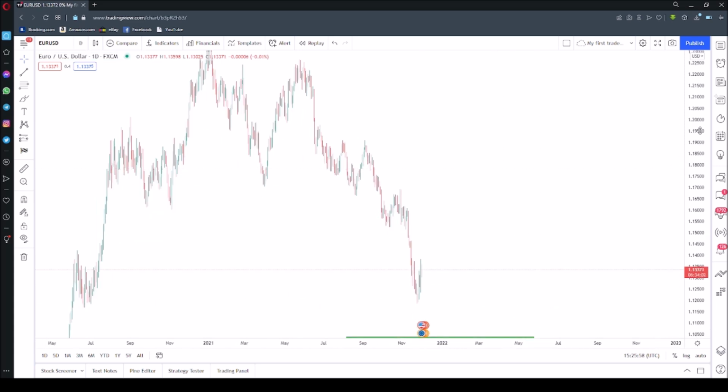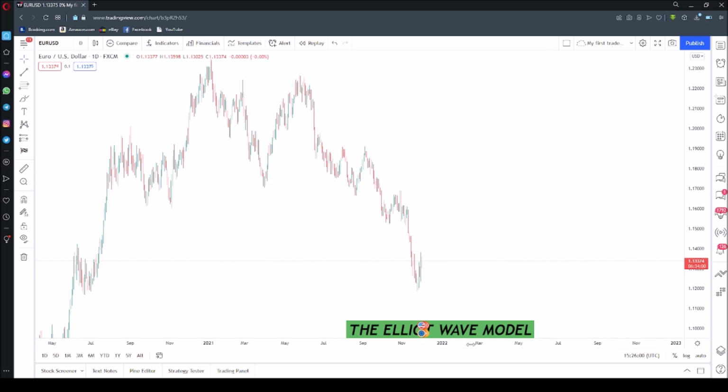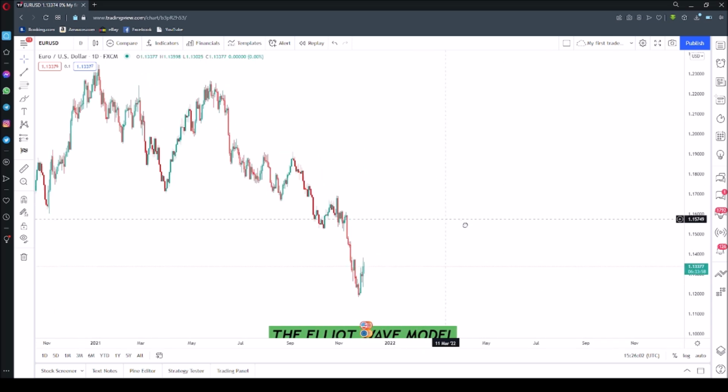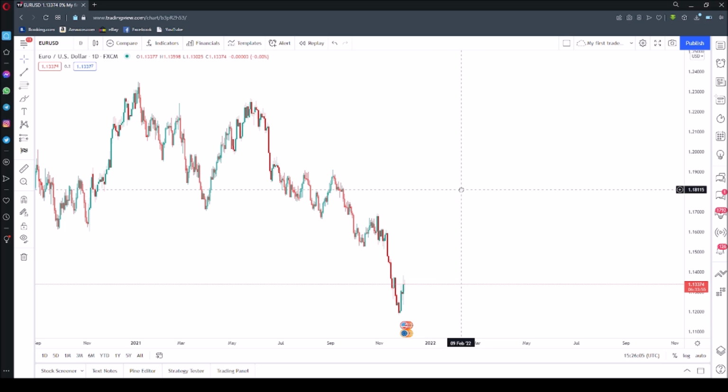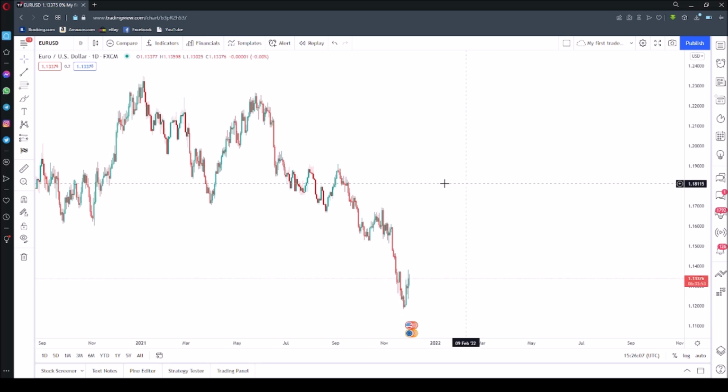So on the daily time frame, we are going to first try and mark the waves that we see so that we may be able to know where we are and where we are possibly going to go next. In this case, we can see that this was the starting point or the peak of the market where we had an ultimate reversal on the daily time frame.